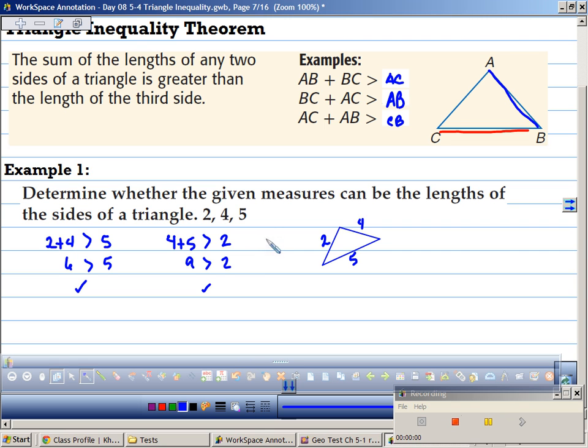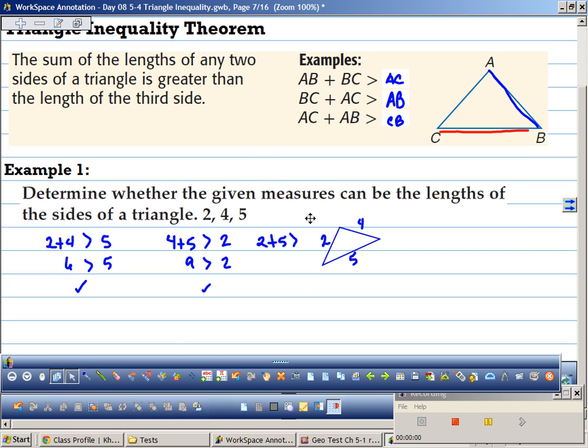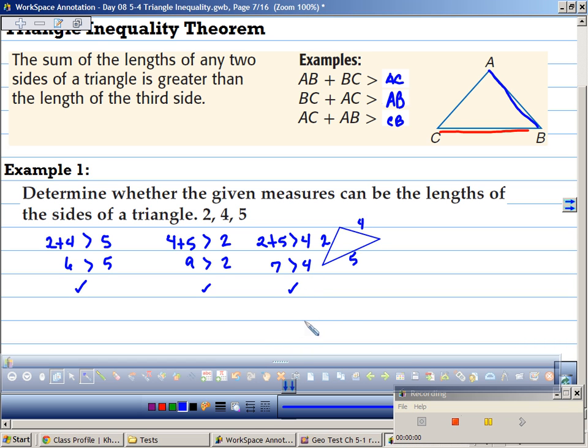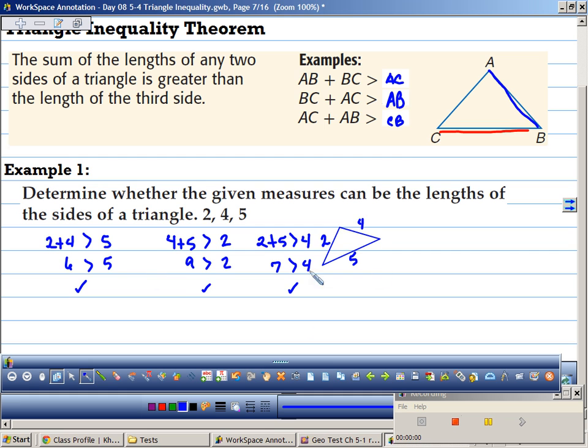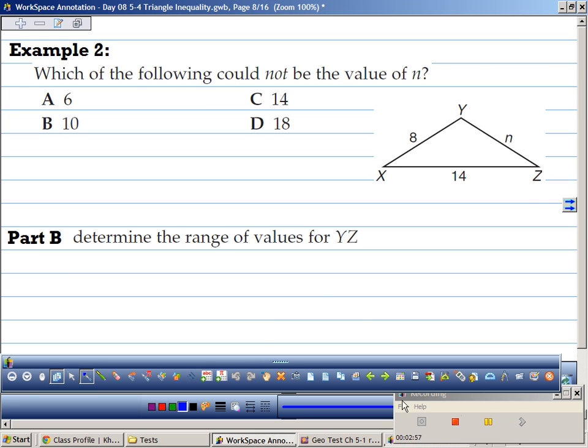And what's the last side I need to check? 2 plus 5 must be greater than 4. And 7 is greater than 4. So is this a triangle? Yes. If they didn't add up, it wouldn't be.